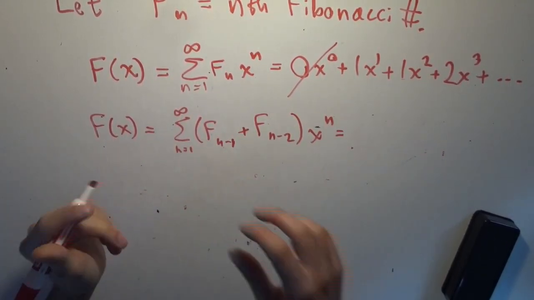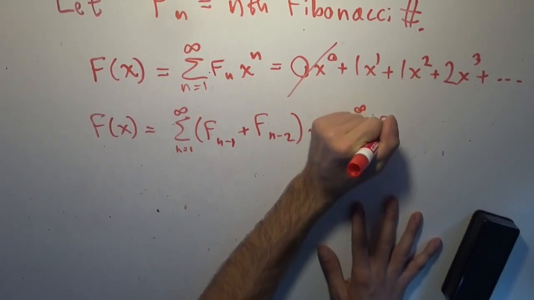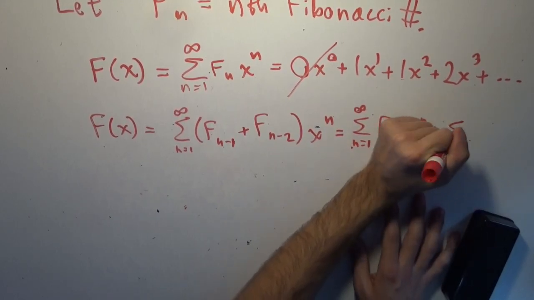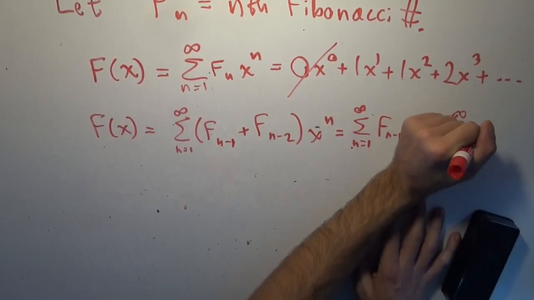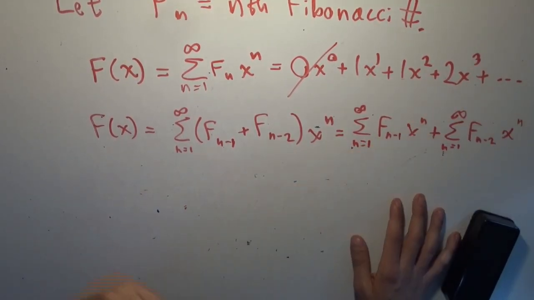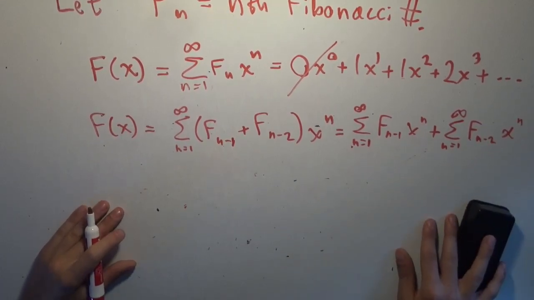We can distribute x to the n in, and we get the sum from n equals 1 to infinity of f sub n minus 1 times x to the n plus the sum from n equals 1 to infinity of f sub n minus 2 times x to the n, right? Okay, so what can we do now?